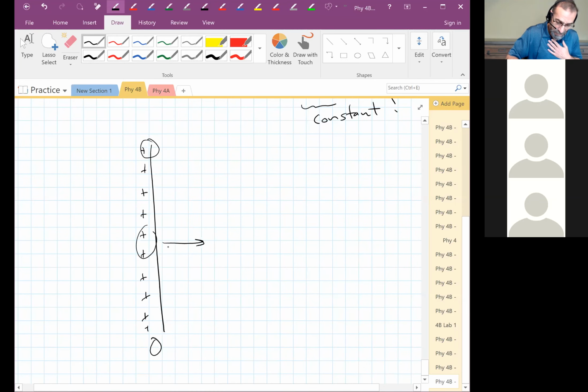Now let's move farther away. And this stuff in here doesn't contribute as much. We're farther away from it. But the stuff out at the ends is starting to contribute more because it's not canceling as much.